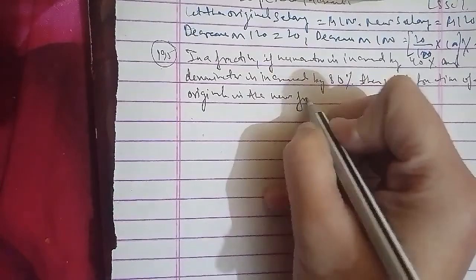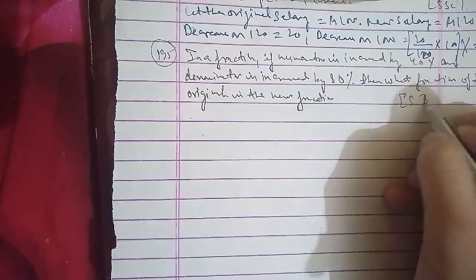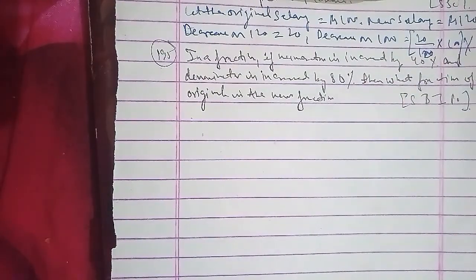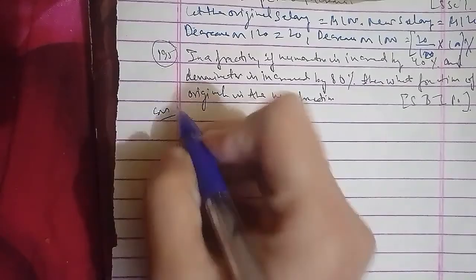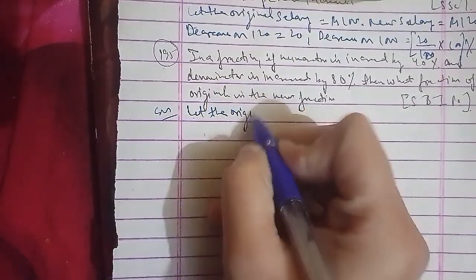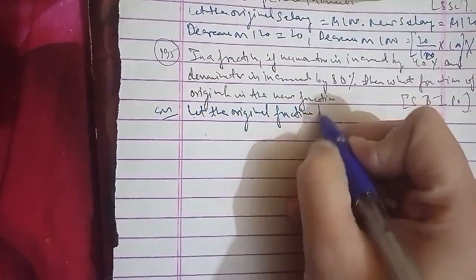Let the original fraction be X upon Y. Then the new fraction equals 140% of X upon 180% of Y, which equals 140X upon 180Y, which equals 7X upon 9Y.